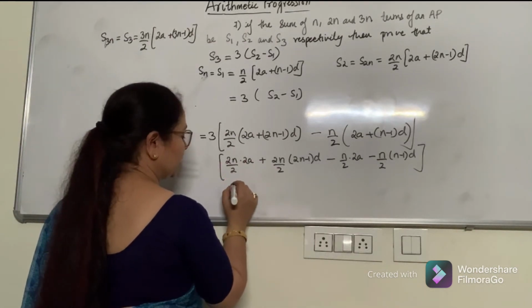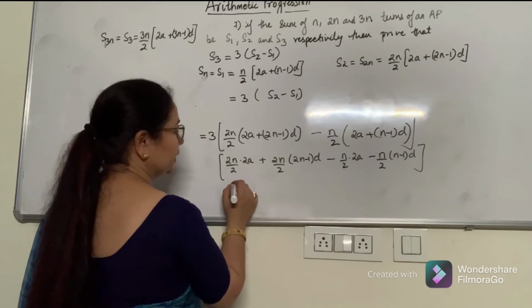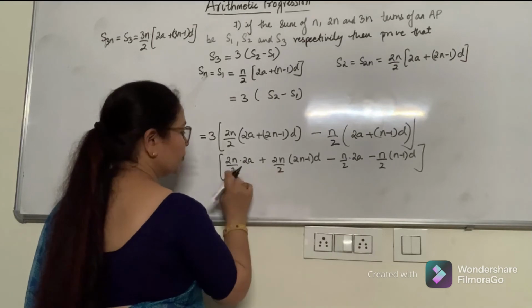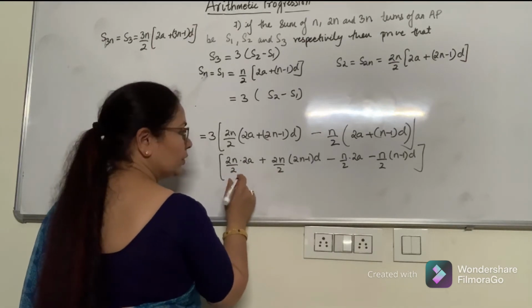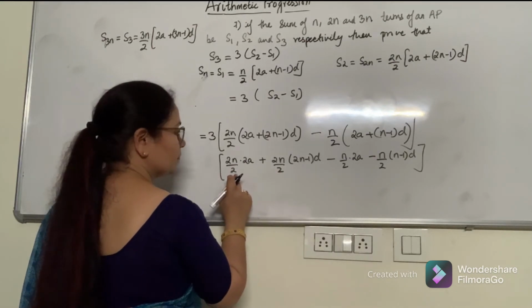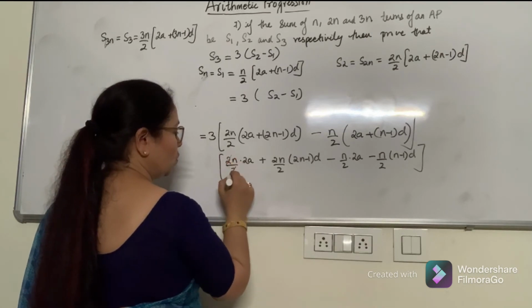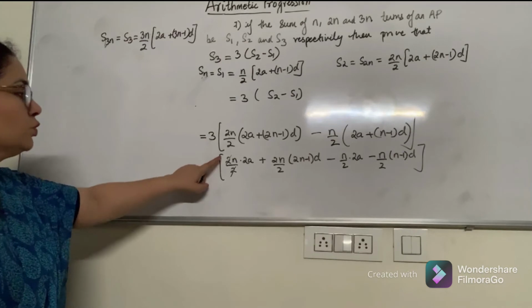I'll solve it. So when I solve this thing, 2n by 2 is giving me 1 if I cancel these two terms.